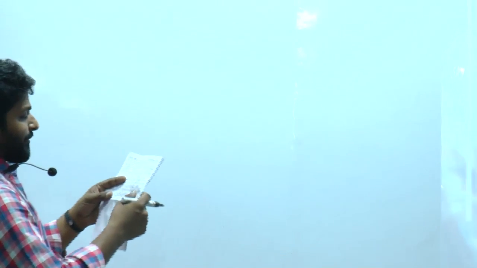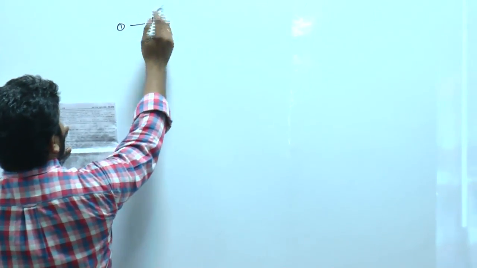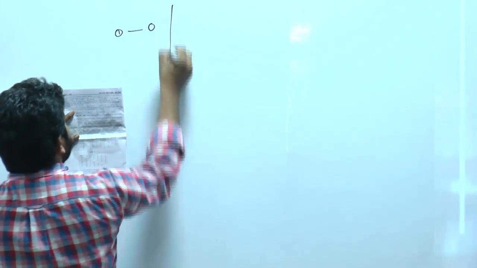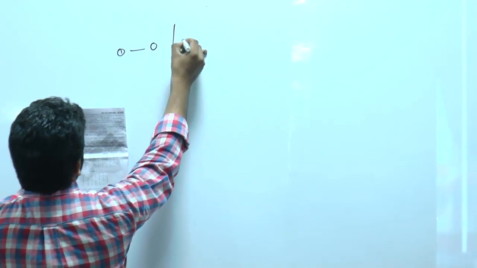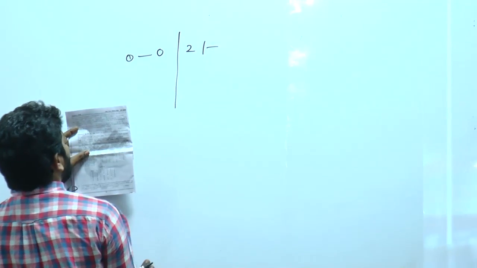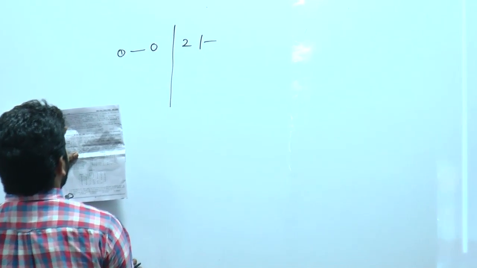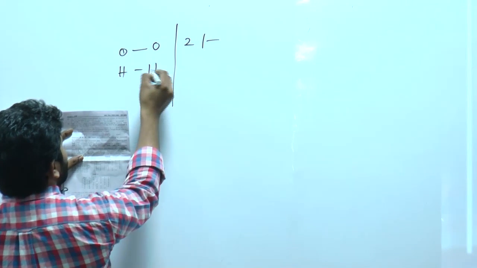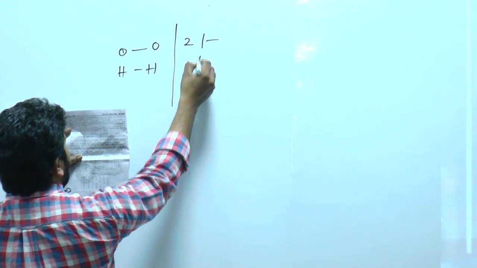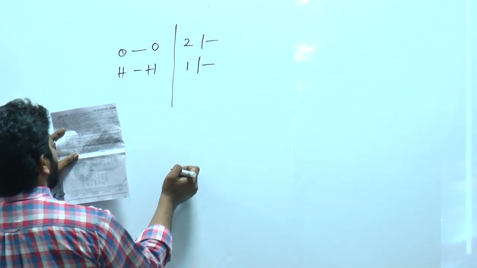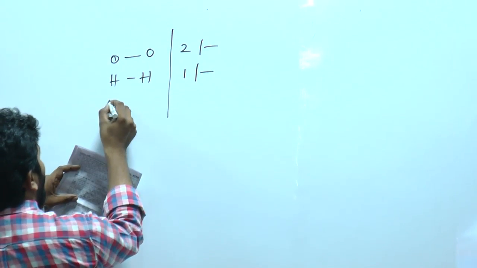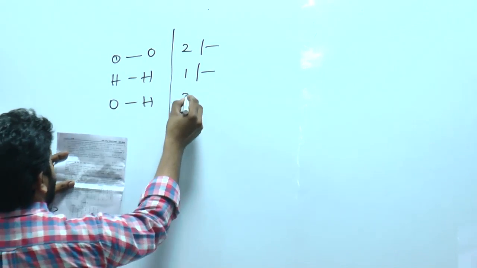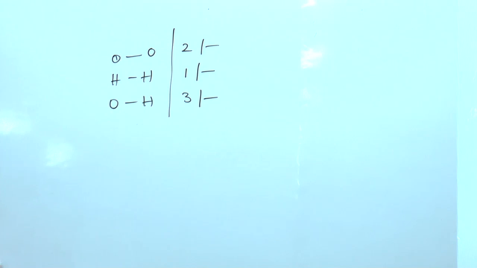If a person goes from office to office, he will be charging 2 rupees per kilometer. And expenditure from house to house will be 1 rupee. And expenditure from office to house, 3 rupees. Right. Next.